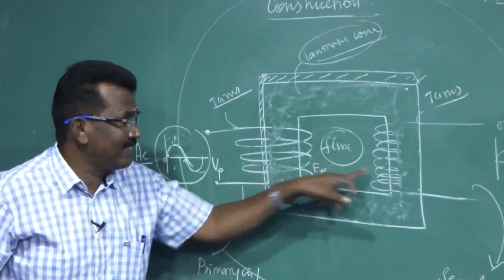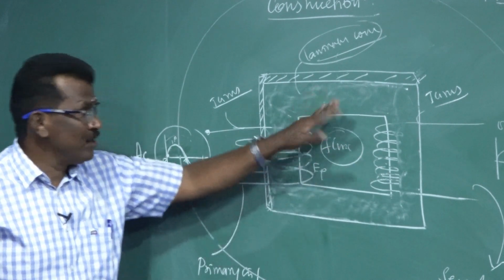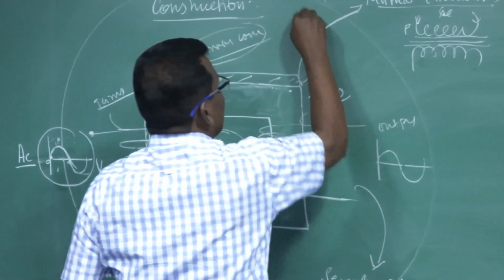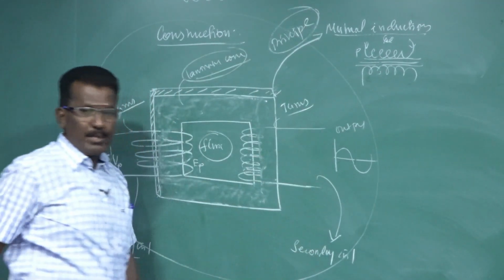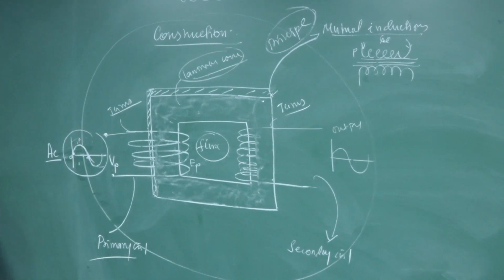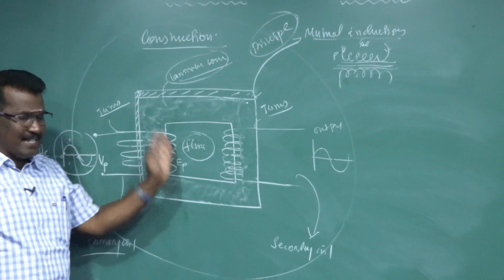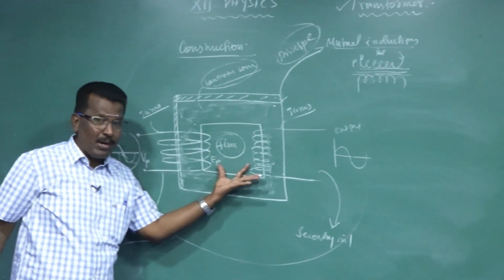So mutual induction takes place. The principle used in the transformer is mutual induction. When the current changes, the flux changes. If the flux changes, EMF is induced, but it is induced between the pair of coils.